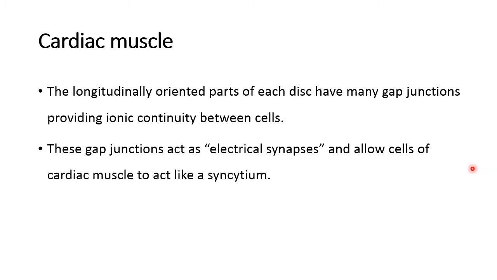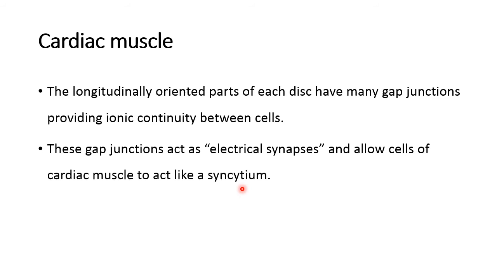These gap junctions act as electrical synapses, and they allow the cells of the cardiac muscle to act like a syncytium, as one unit. Syncytium means one unit.